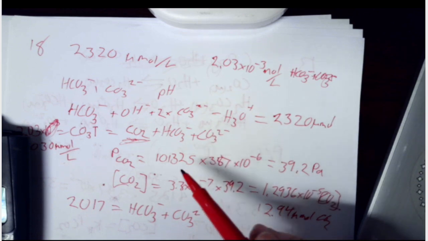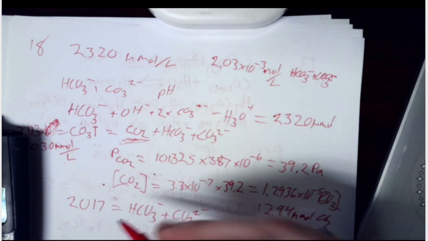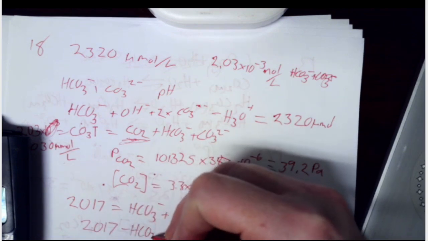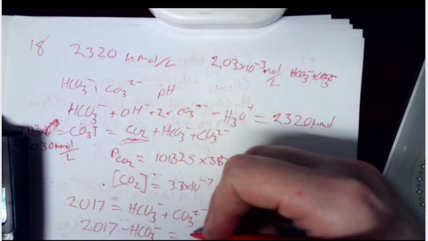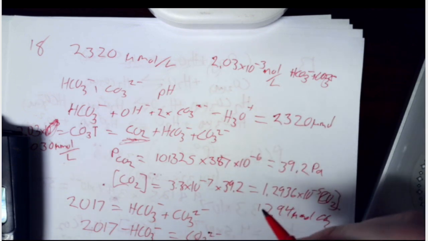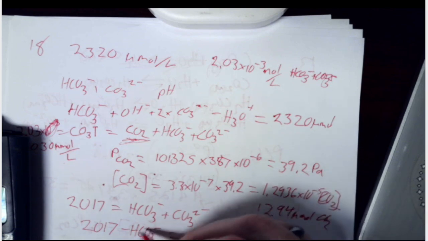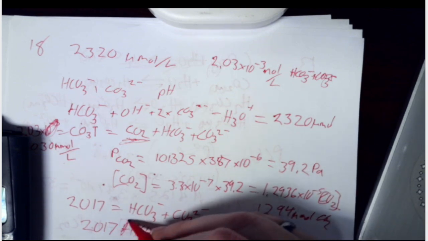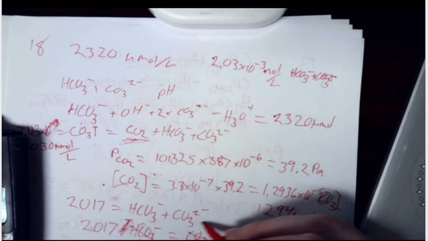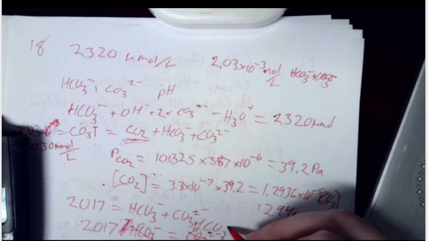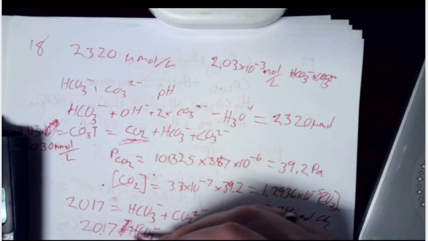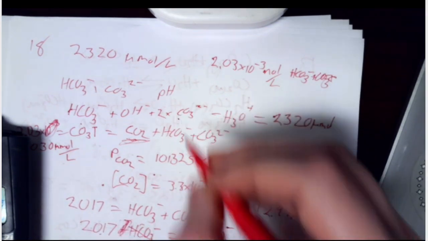Now, if I say 2017 minus carbonate equals H carbonate, we plug that in, and you have a negative carbonate plus a positive carbonate.